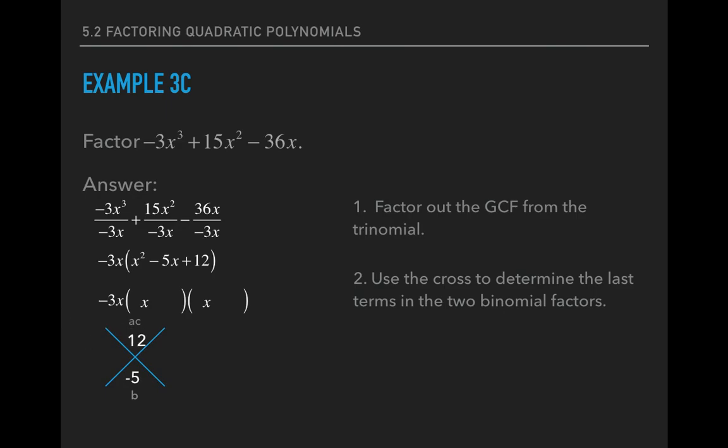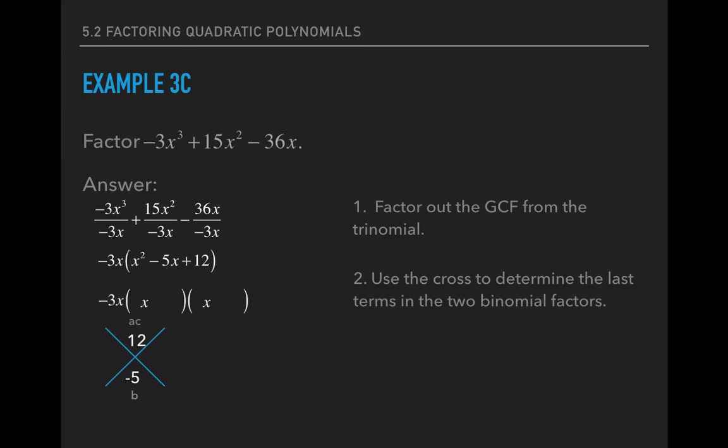Okay, so what multiplies to give us 12, but adds to give us -5? Okay, 1 and 12, that doesn't work. 2 and 6, that doesn't work. 3 and 4, that doesn't work either. Are there any other factors of 12?